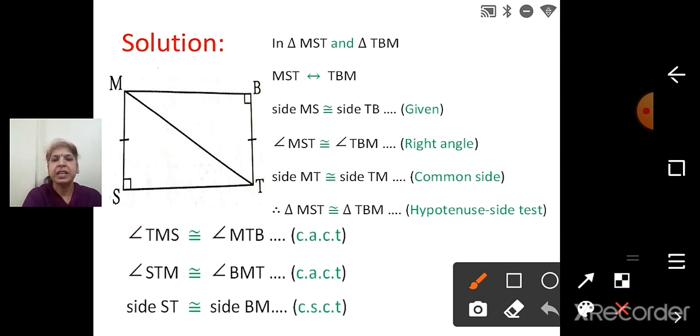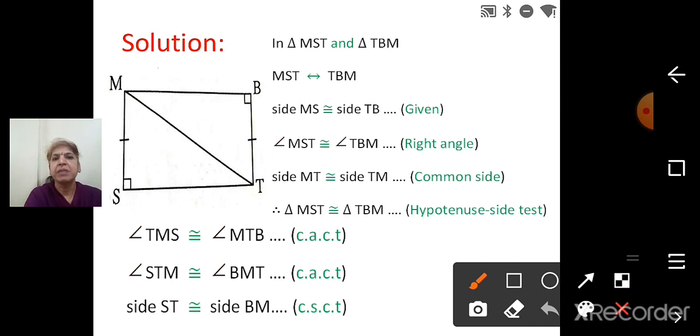The next angle is STM, congruent to BMT, and the reason is the same, CACT, corresponding angles of congruent triangles.